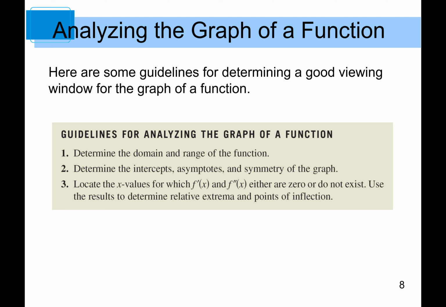Some guidelines to determine a good viewing window of a graph of a function. First one, determine the domain and range of the function. So domain is all possible x values, range is all possible y values. And second step, determine the intercepts, meaning x-intercept and y-intercept.